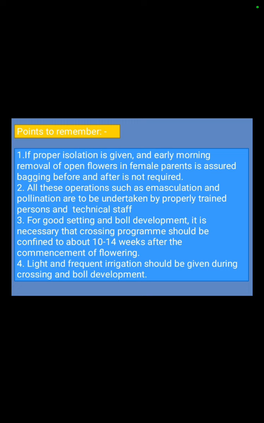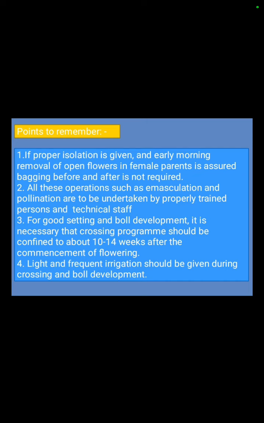There are some points that should be kept in mind. First, if proper isolation is given and early morning removal of open flowers in female parents is assured, bagging before and after is not required. Second, all these operations such as emasculation and pollination are to be undertaken by properly trained persons and technical staff.